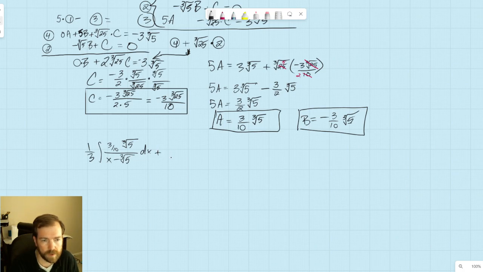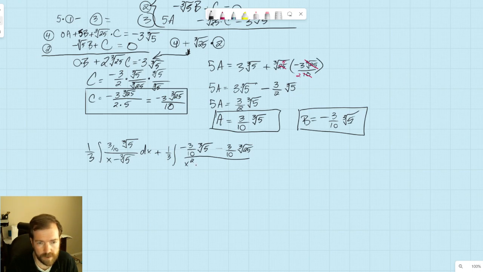Okay, and then plus 1/3 integral of b, negative 3/10 cube root of 5 plus c, which was that, minus 3/10 cube root of 25 all over the quadratic that we had.